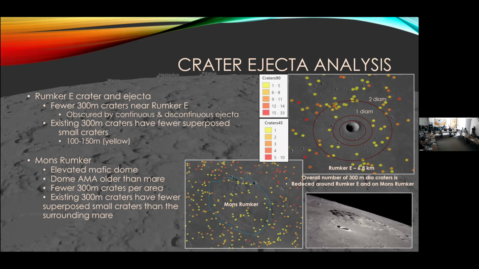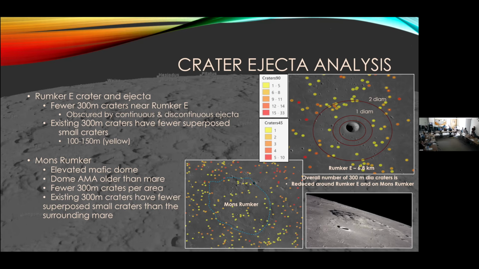Looks like my figure shifted, but Mons Rumker E, 6.8 kilometers in diameter, upper right, has a distribution of 300-meter craters around it. Each of those is 1 diameter, 2 diameter, and they're color coded by the number of craters in each zone.